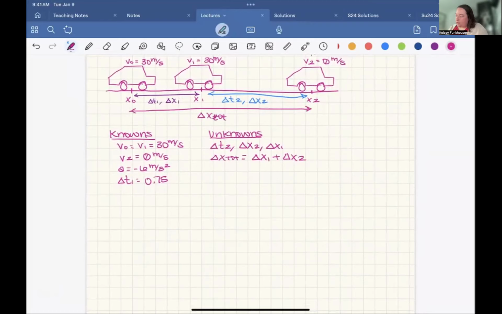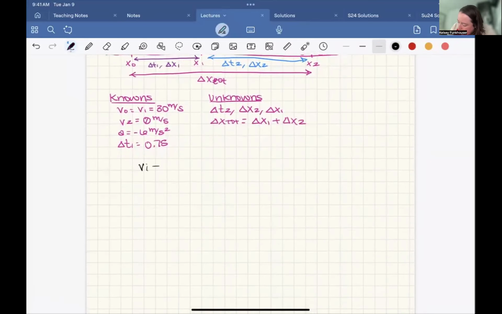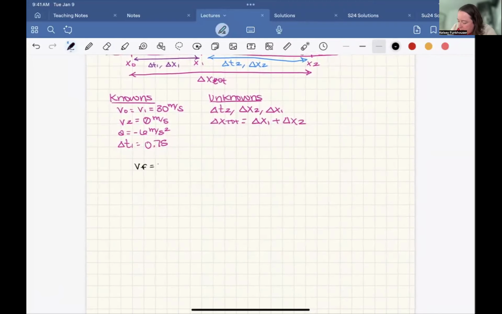Okay, let's look at our equations now. V final equals V initial plus A delta T. We're in X now: X final equals X initial plus V initial delta T plus 1/2 A delta T squared, and V final squared equals V initial squared plus 2A times the displacement.